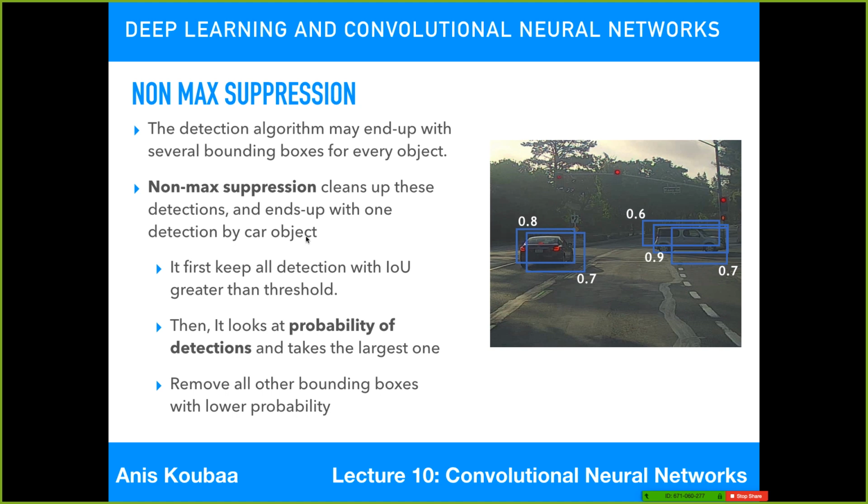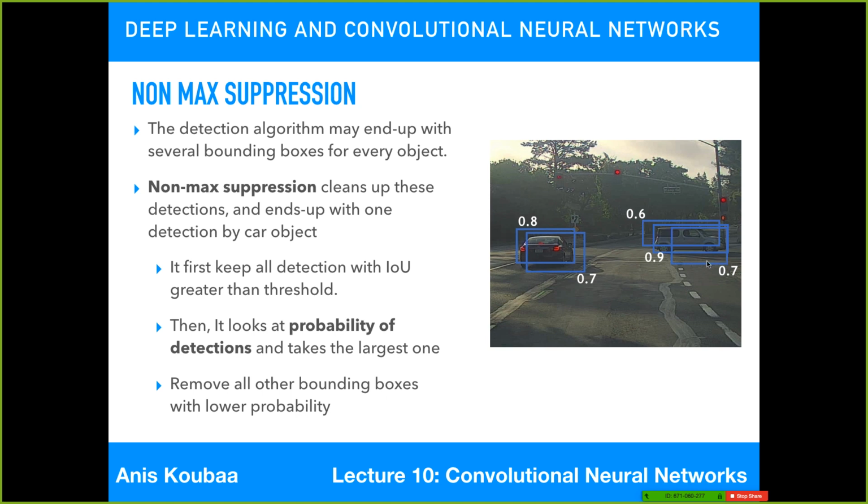So first of all, we need to look at the IOUs, and we need to keep only the IOU with a certain threshold. Let's say we put an IOU of 0.5, and then it will return 2 bounding boxes for this car and 3 bounding boxes for the other, and you can see that all the IOUs will be greater than 0.5. And then we are going to look at the probability of the detection. So this bounding box says that it's a car with 90%, and this bounding box says that this is a car with 60% accuracy.